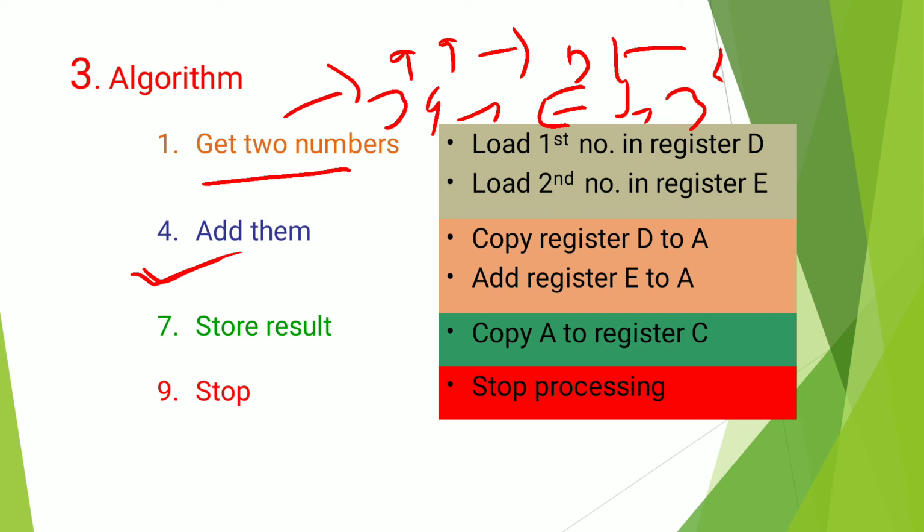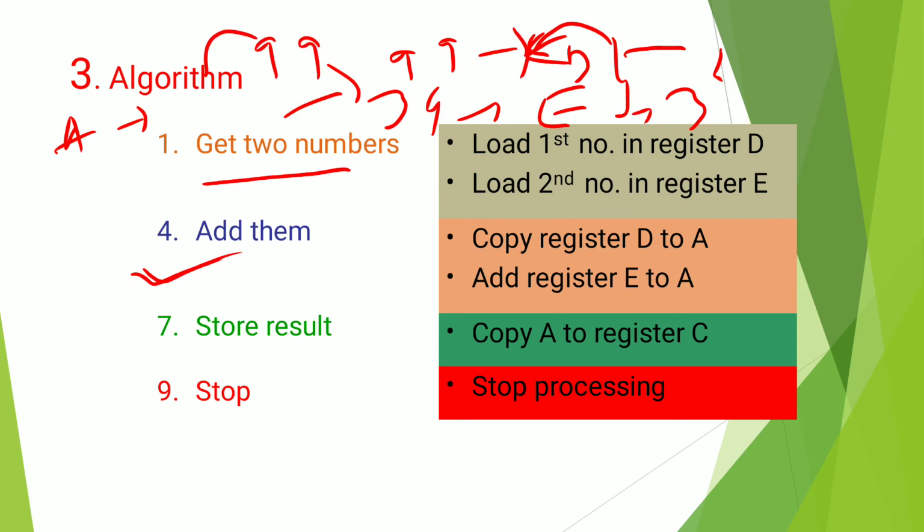So for addition, we have to put the first number in the accumulator and the second number in any register. So we have to move the data of the D register into the accumulator. The D register has the data 99.